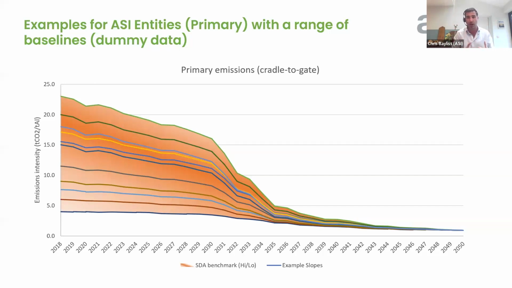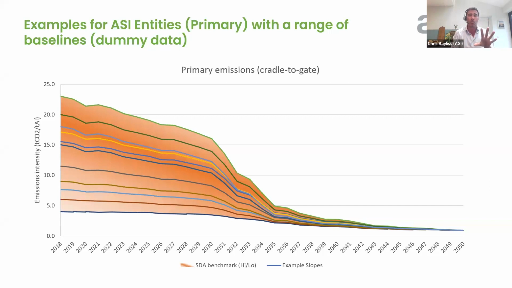So that's the general method. It's a sectoral decarbonisation approach, which is intensity-based and seeks convergence on a global average under 1.5 by 2050. And this broadly is the approach that's applied at every single supply chain activity. Where that intensity is measured is slightly different. We'll talk about that as we proceed through today.